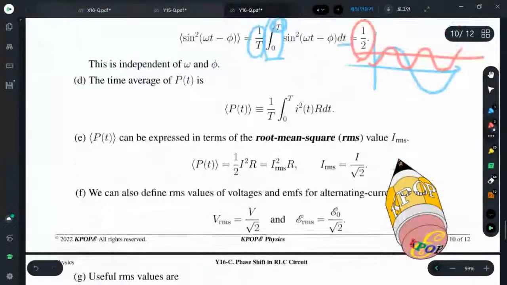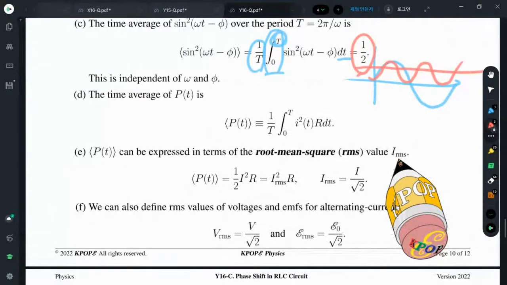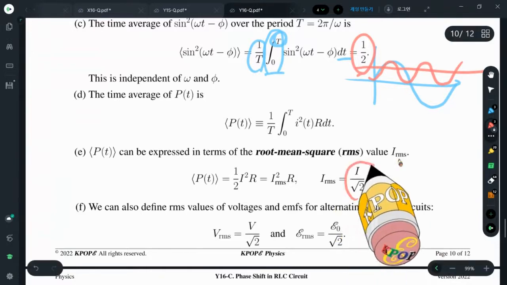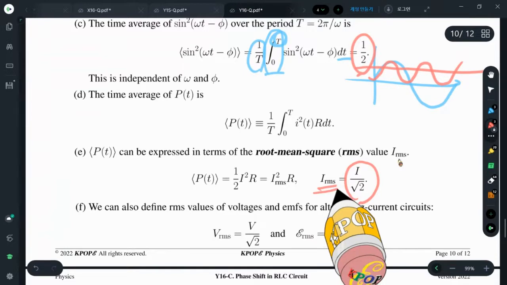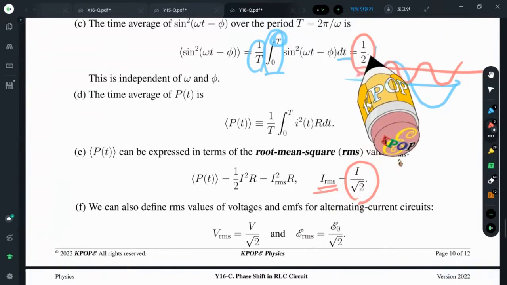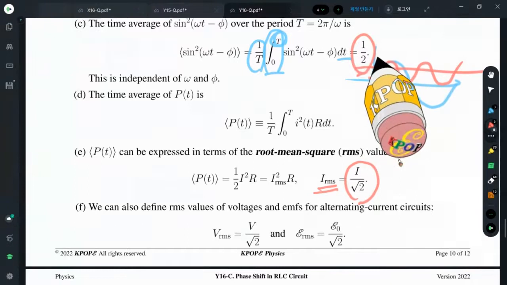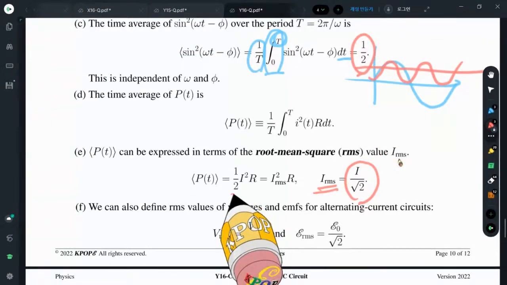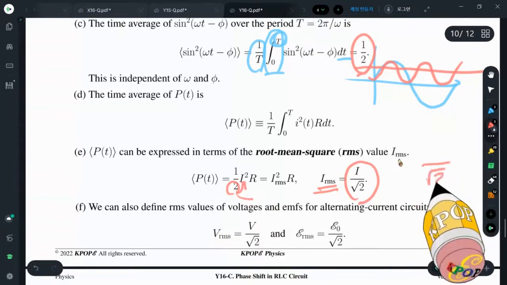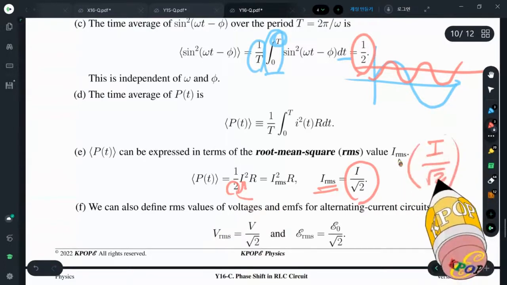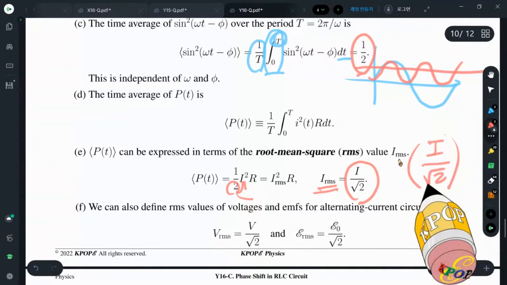So that's the reason why, when we consider alternating current that flips the sign between plus and minus, we make use of this factor called RMS. The time average is 1/2. At the amplitude level, it should be absorbed into the amplitude by I over square root of 2.